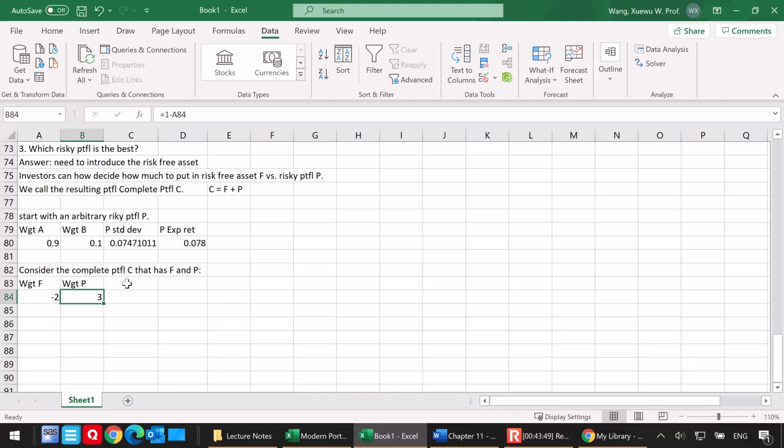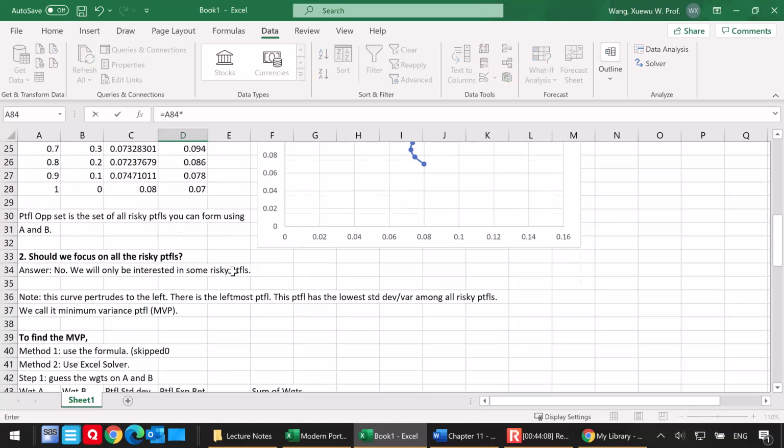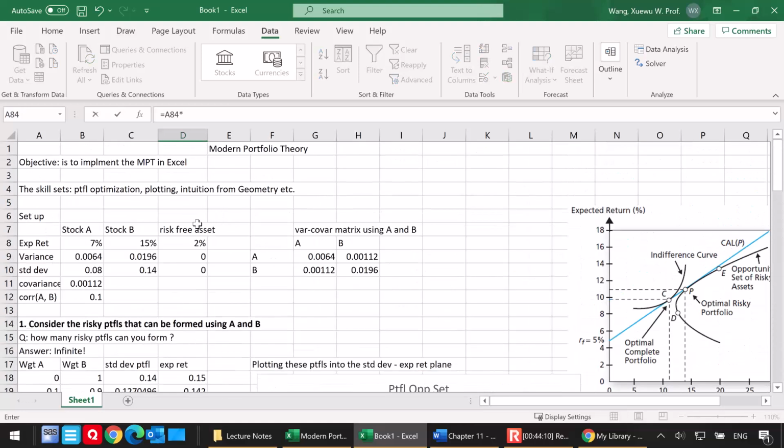So I can look at the complete portfolio standard deviation and the complete portfolio expected return. How do I do that? The complete portfolio expected return is easy. I take the risk-free weight multiplied by the risk-free rate, which is 2% here, and I lock down the 2%.